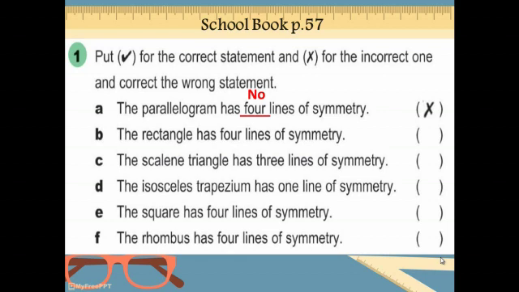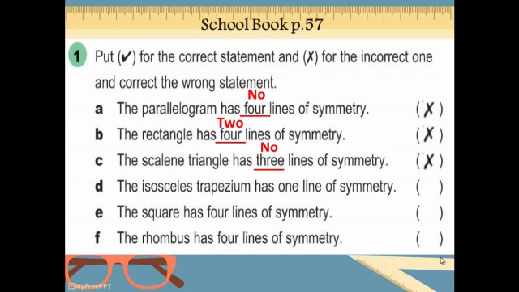Letter B. The rectangle has 4 lines of symmetry. False. The rectangle has 2 lines of symmetry. Letter C. The scalene triangle has 3 lines of symmetry. Also, it is a wrong statement. Let's correct it. The scalene triangle has no lines of symmetry.